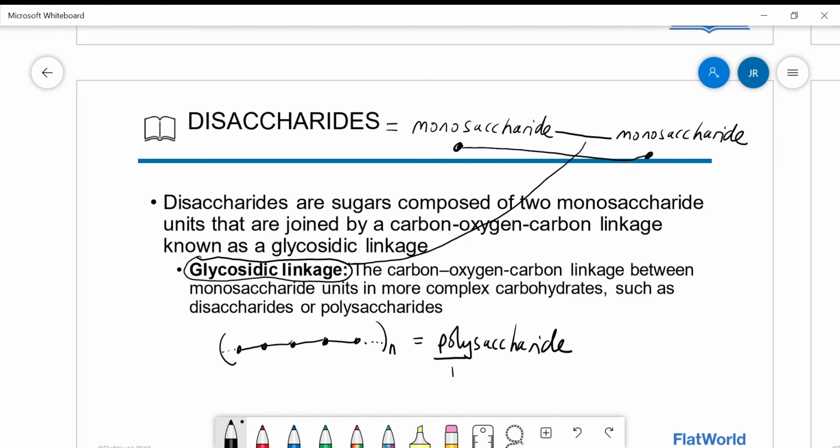Where poly just means many. Many what? Many monosaccharides. Now a polysaccharide is also known as a complex sugar, and these are the good sugars, or at least so the reputation goes.